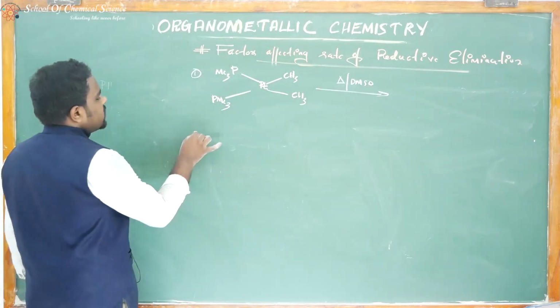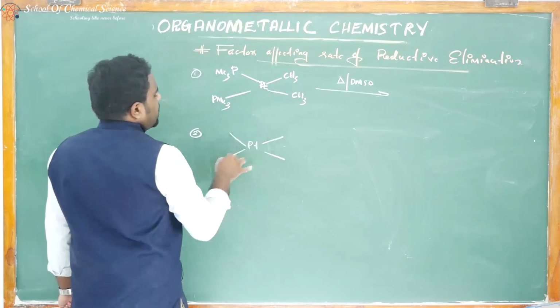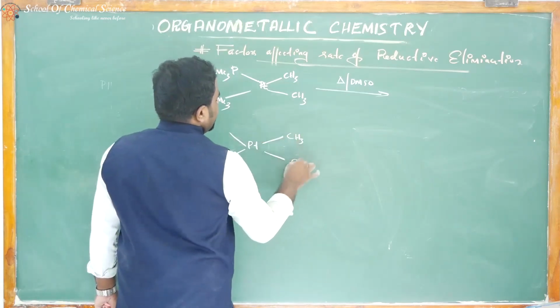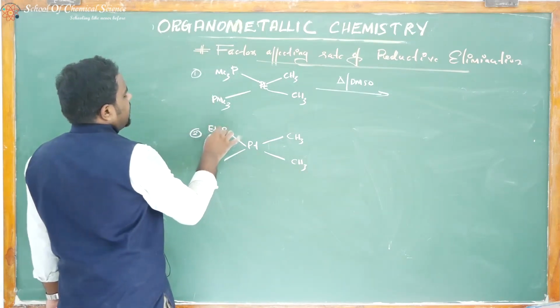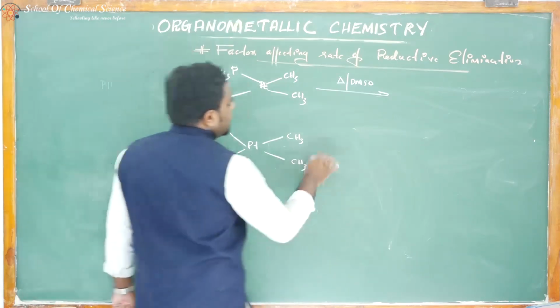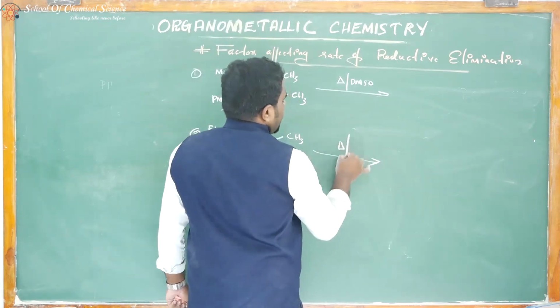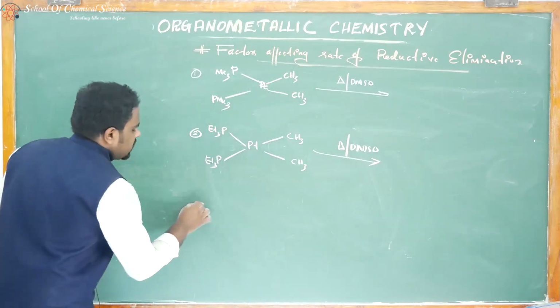Then the second question: Pt square planar complex, CH3, PEt3, ethyl, PEt3, heating in the presence of a DMSO type solvent.